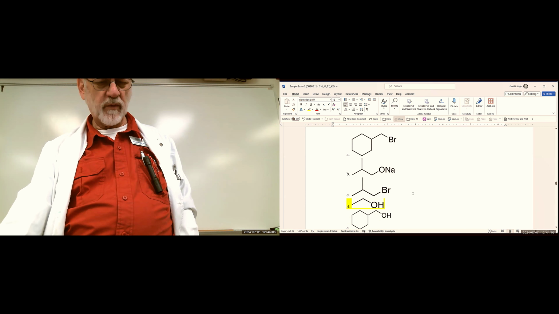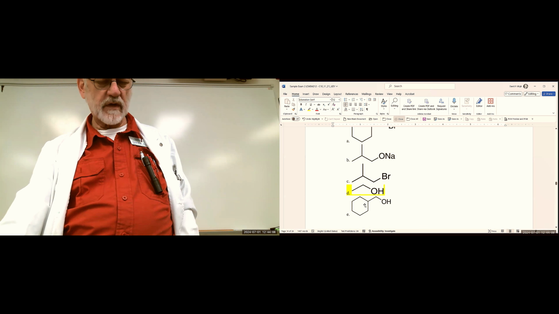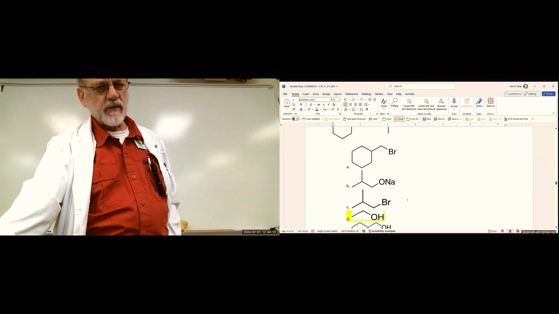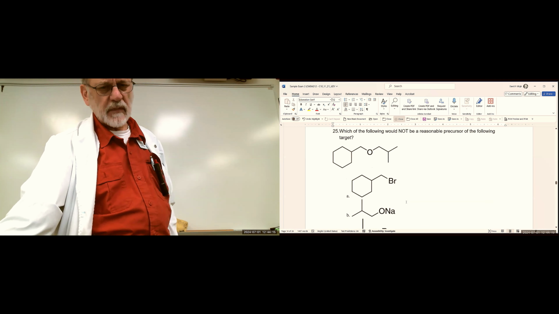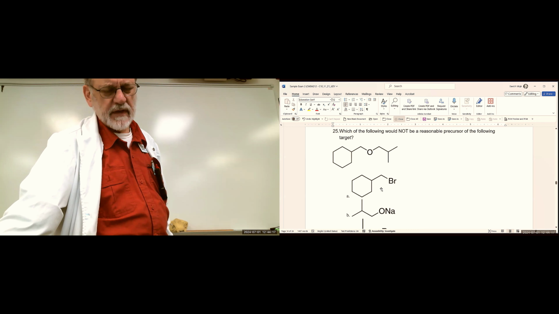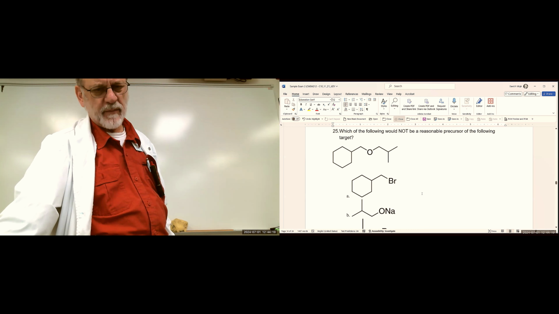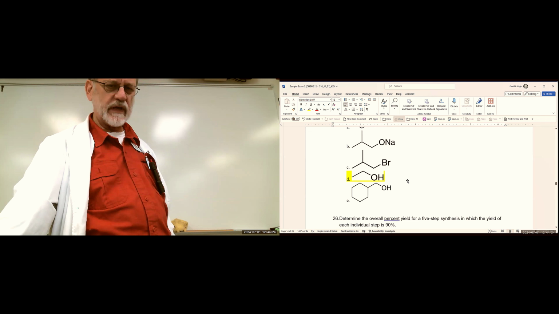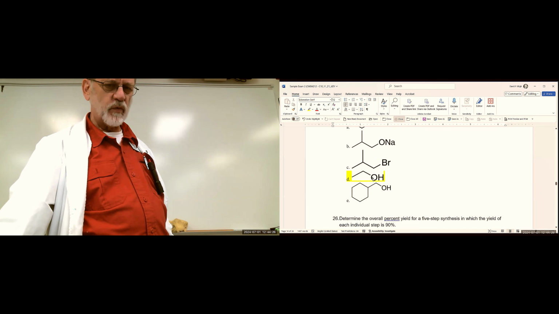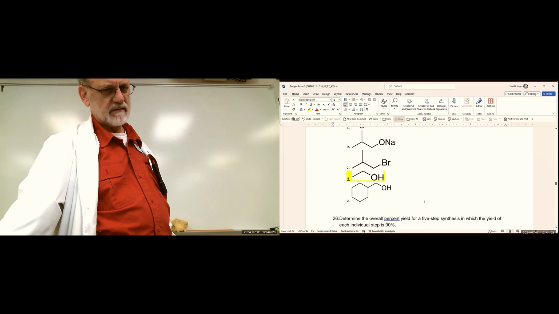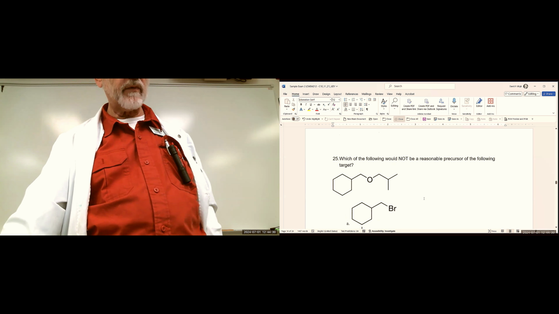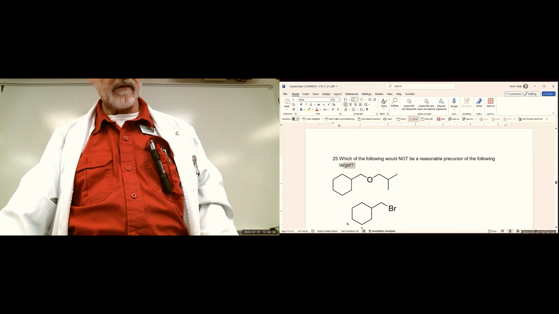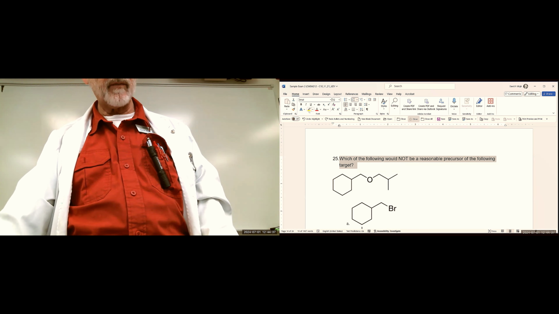There's an isopropyl bromide that could work, and there's a benzyl alcohol. Okay, so if we did the reaction with the A and B, we get that product. If we did the reaction with C and E, we get the same product. But we wouldn't get the product with D. D wouldn't give us anything near what we would get. That's a keeper.